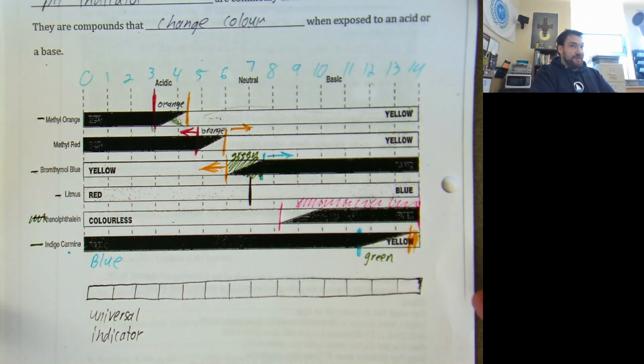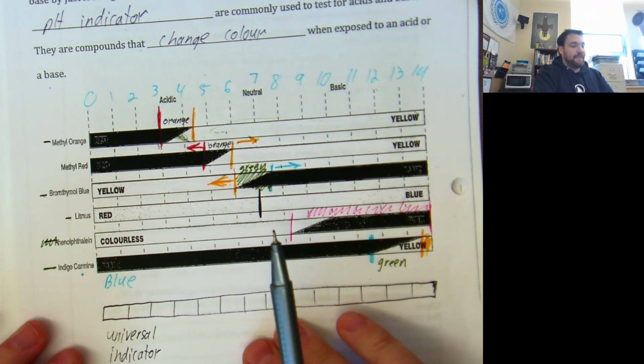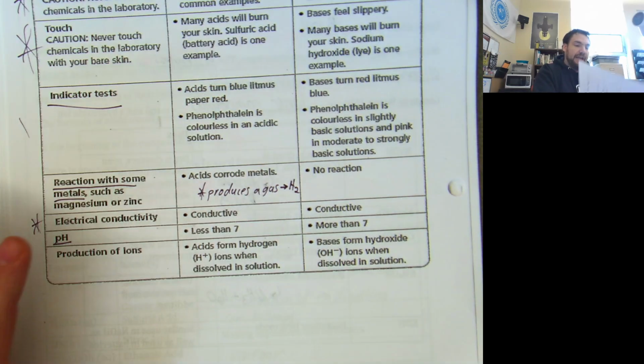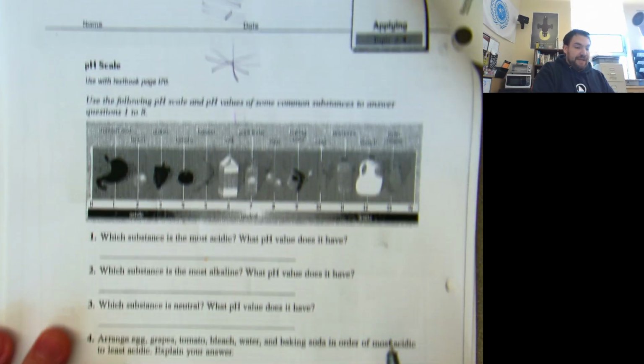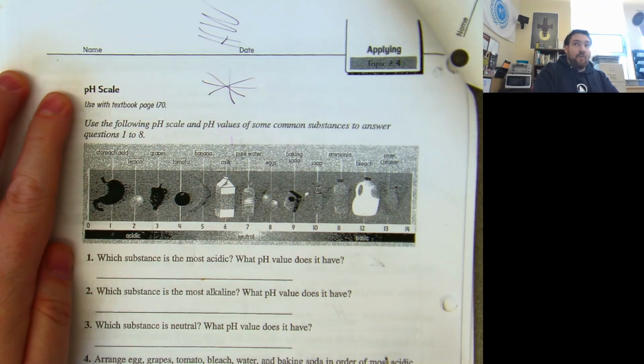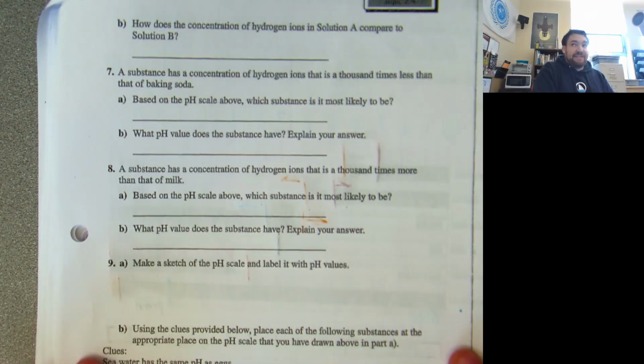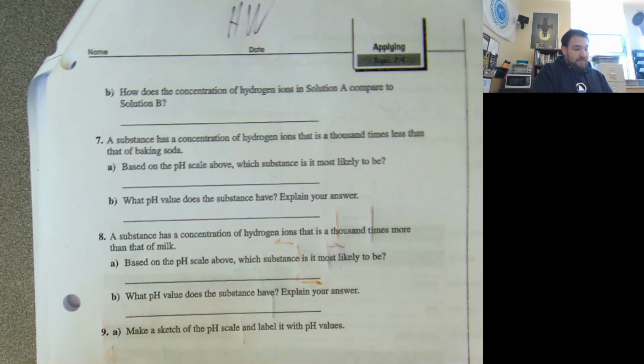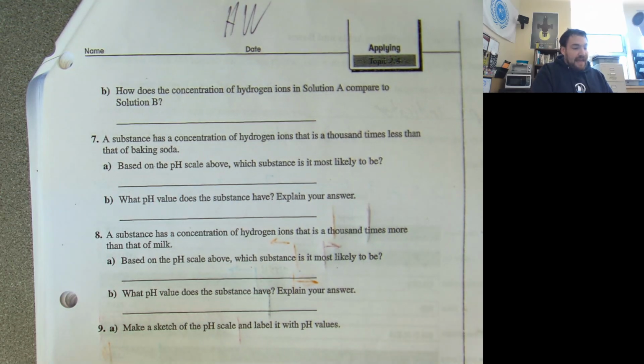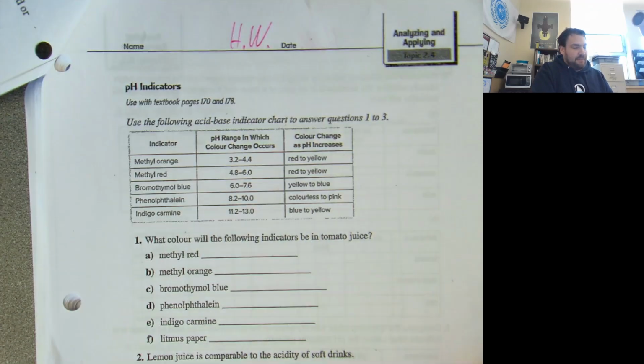Questions, comments, concerns up to this point? Okay. There were a chunk of questions, these ones here on the pH scale, that I wanted you to take a look at, this page and the next page. The first thing we'll do in class tomorrow is I'll provide you answers to that.